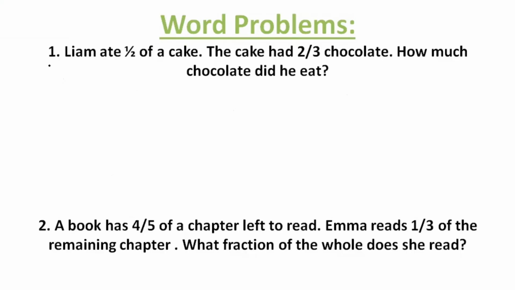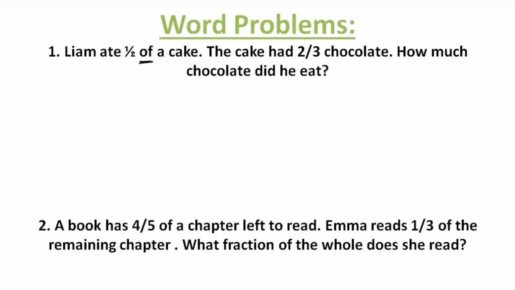The first question says, Liam ate half of a cake. The cake had 2 over 3 chocolate. How much chocolate did he eat? And when we find "of", we are actually talking about multiplication.